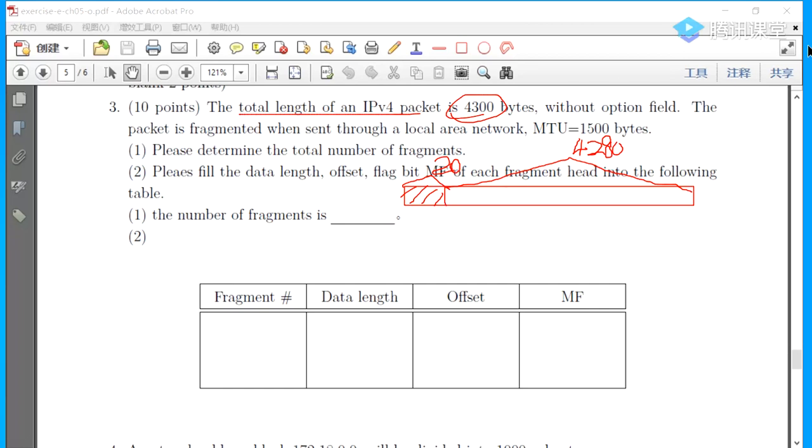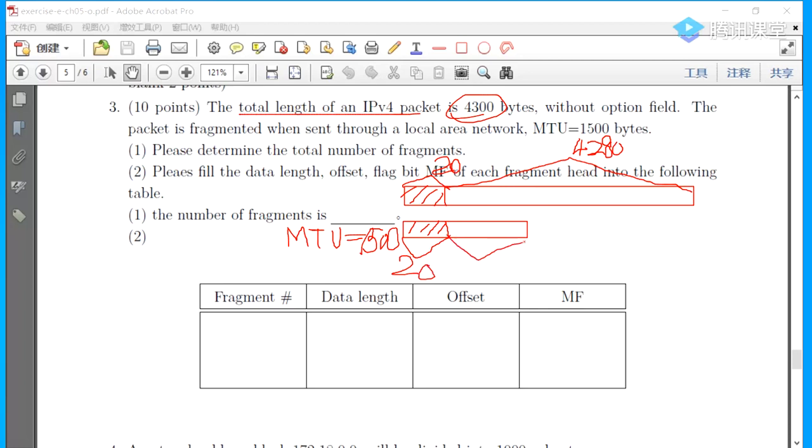Then MTU is 1,500 bytes, right? Then the header length is 20.